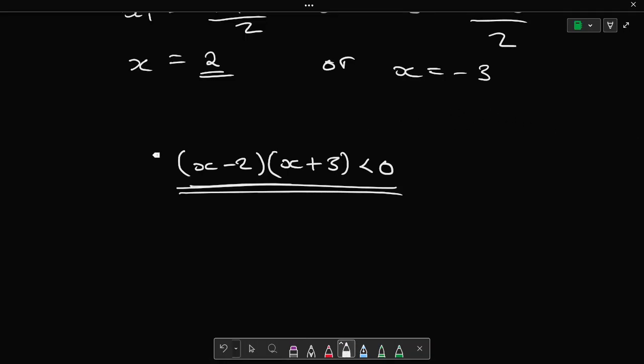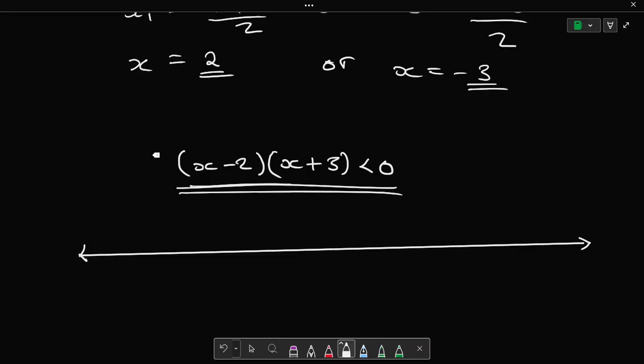So for you to find your solution now, you can write your solution in form of interval notation. So what you need to do is draw up a number line, and on the number line, you're going to put those critical points that you found.